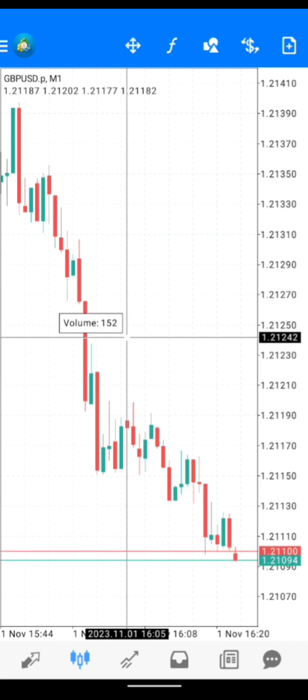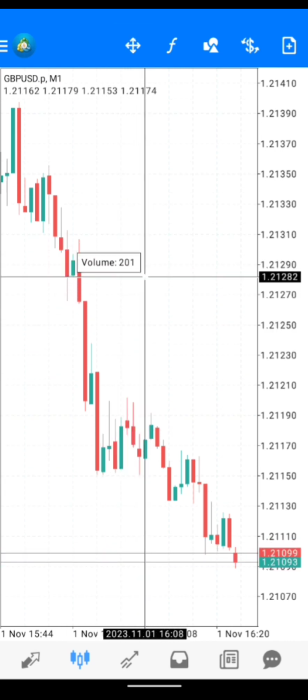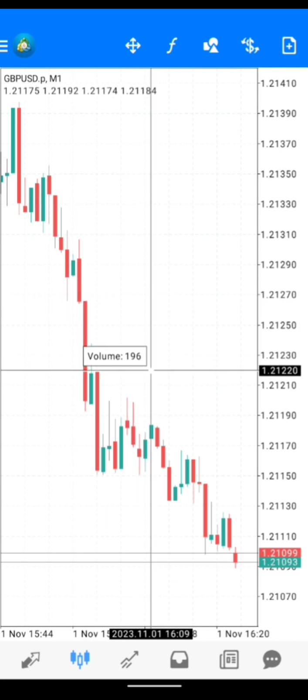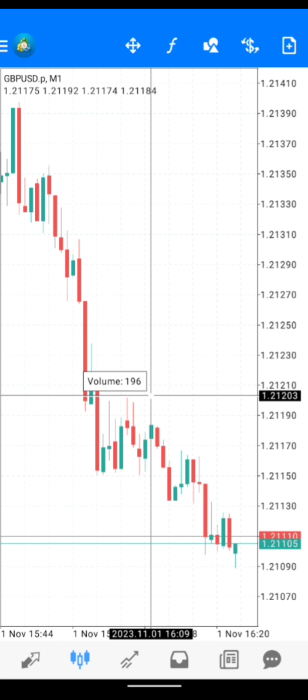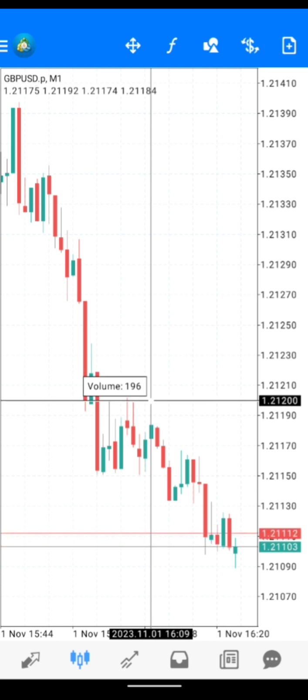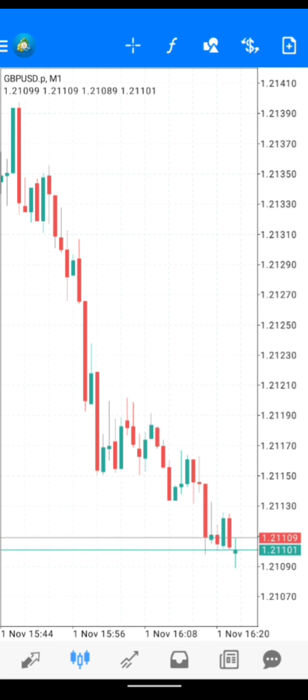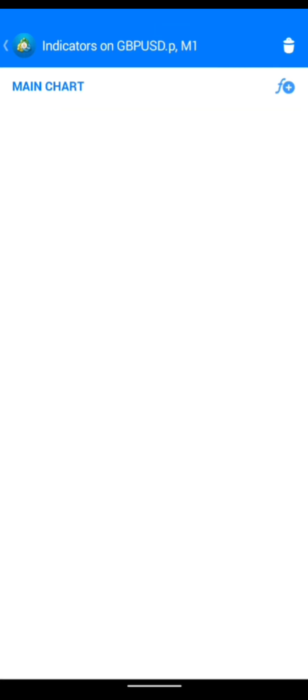We have this crosshair. If you want to locate something, you pick at what level, and then you read the price on your right. Let's say this high is at 1.21199. Then we have this, you add indicator.